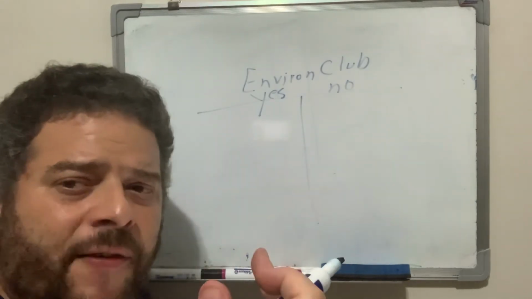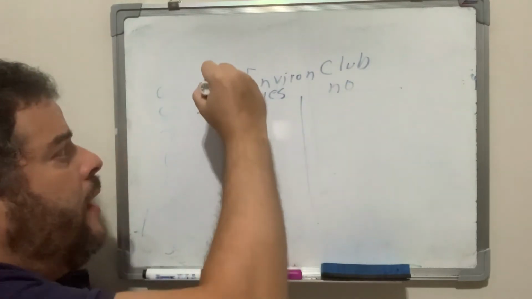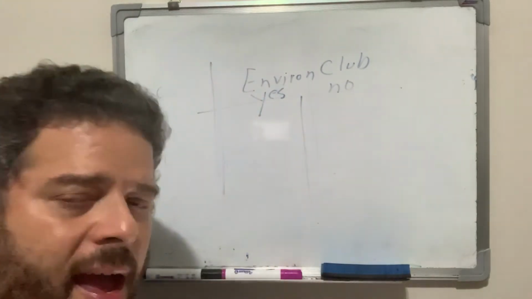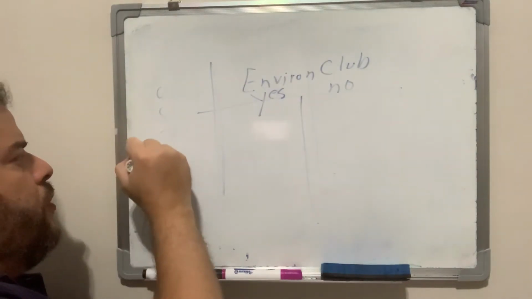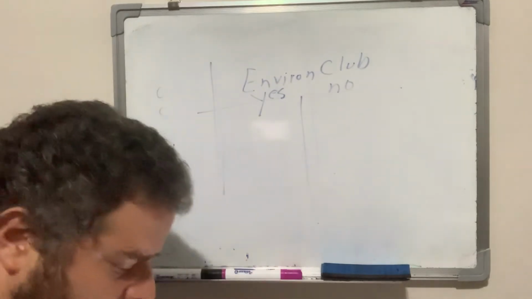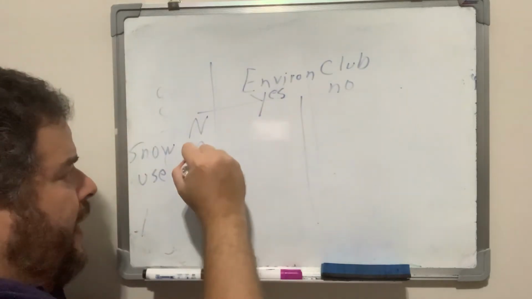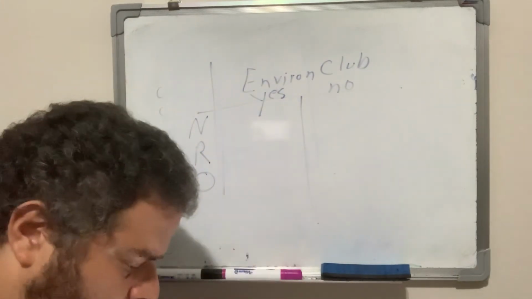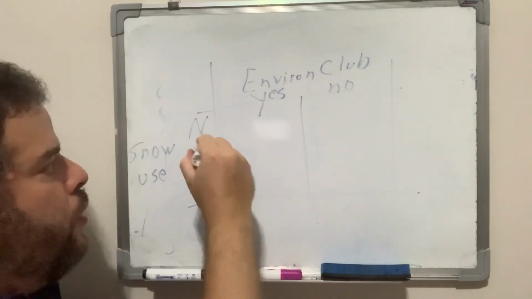And that one variable has two categories, yes and no. On the left-hand side, we have another variable, snowmobile use. And here we have never, rent, owns, and that's pretty much it. And each one has its own numbers.